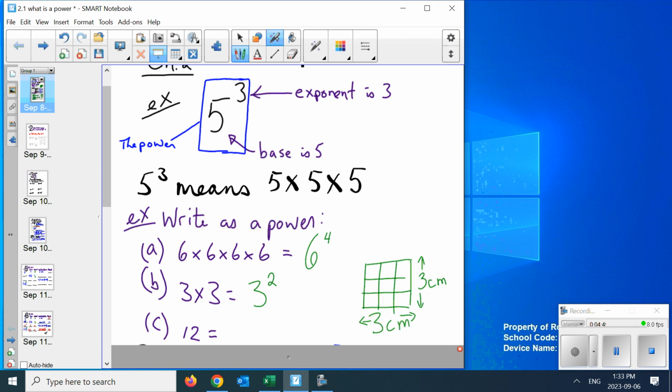And I'd say, oh yeah, 1, 2, 3, 4, 5, 6, 7, 8, 9. I can count squares. What's the fast way to find how many squares are in this square shape? That's 3 by 3. 3 squared. Yes, 3 times 3 is 9.